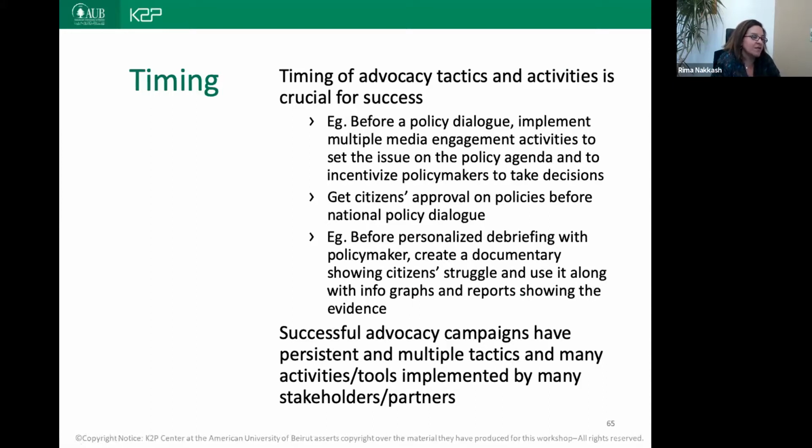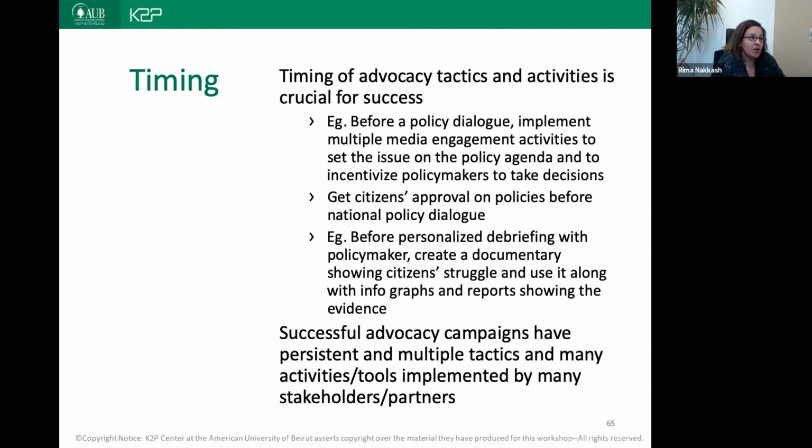There are a lot of lessons learned in Lebanon for us because of the very turbulent and dynamic changing context that we are continuously living in. It's very important to be on top of the situation in terms of understanding the context and when you time your advocacy campaign, but specifically then later on, when you time your advocacy tactics and activities.